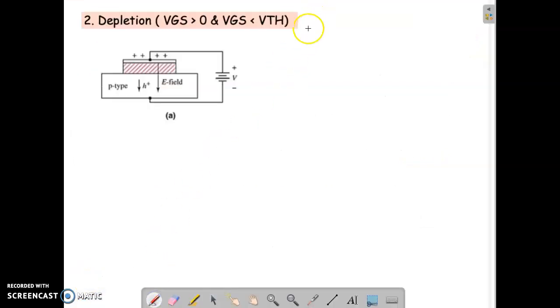Okay, so now we go to the second part. Just now, accumulation of hole happened when VGS is less than 0. Now what will happen when you start to apply VGS more than 0? Here you apply plus, minus, plus, minus. Then the positive charge will accumulate on top of your metal.